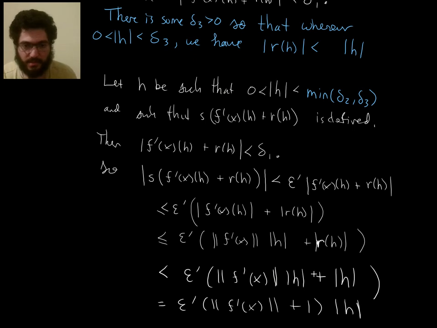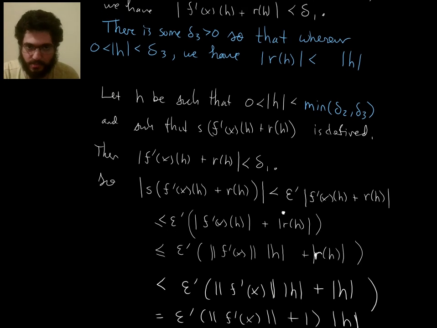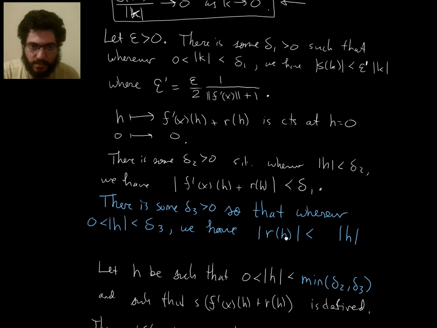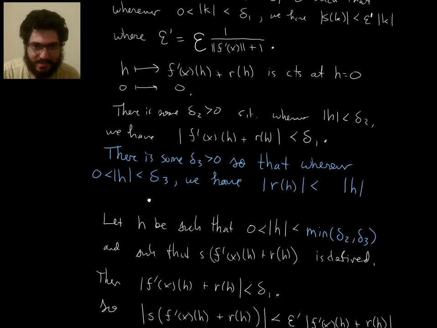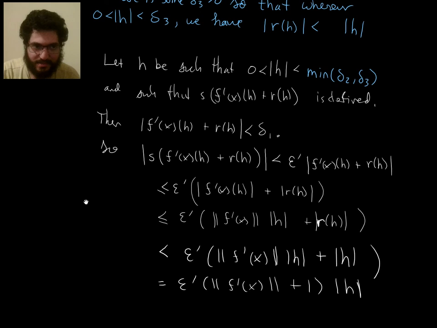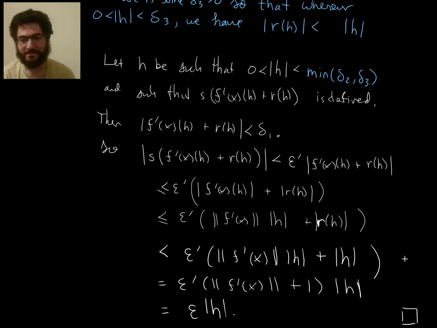And now you can see why I chose epsilon prime the way I did. In fact, I don't think I needed to choose it quite that way. I guess it would have been enough back here to say epsilon prime is just epsilon times this thing. Then here I get epsilon times h. Okay, so there's the corrected proof of the chain rule.